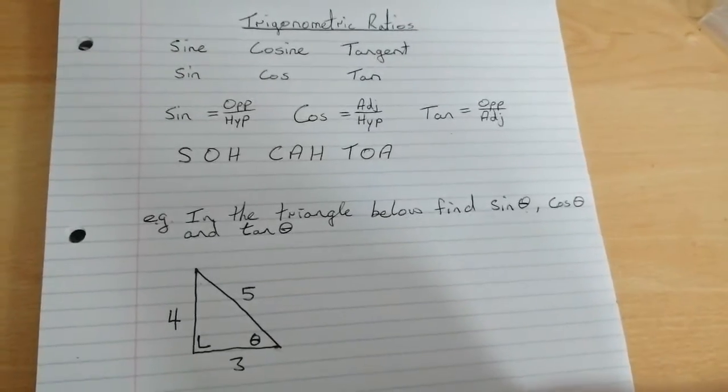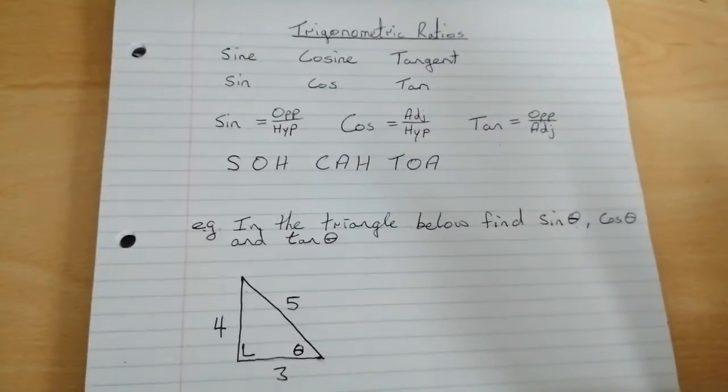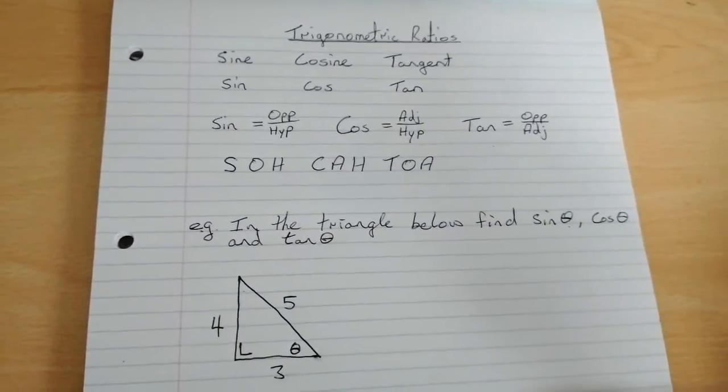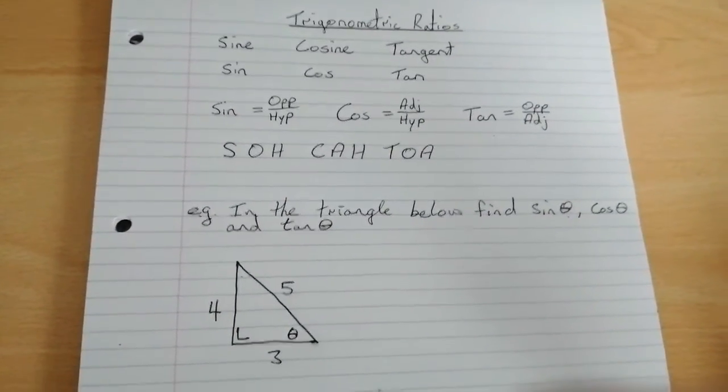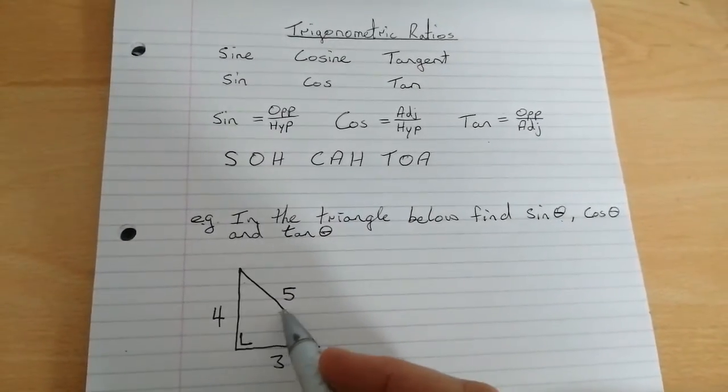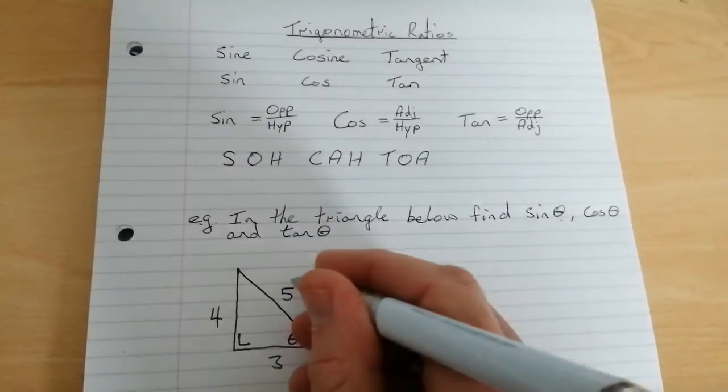So we have 3 things to do. Now, in all of our trigonometry questions, when you're given a right angle triangle, from now on, what you're going to do first is always label the sides in that triangle. So we know that opposite the right angle, which is this side here, that's the hypotenuse.